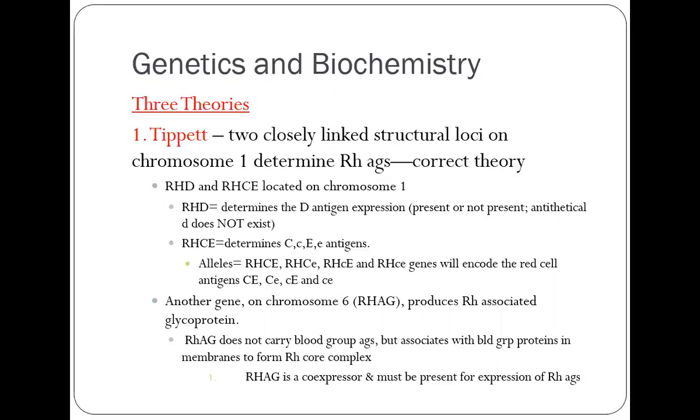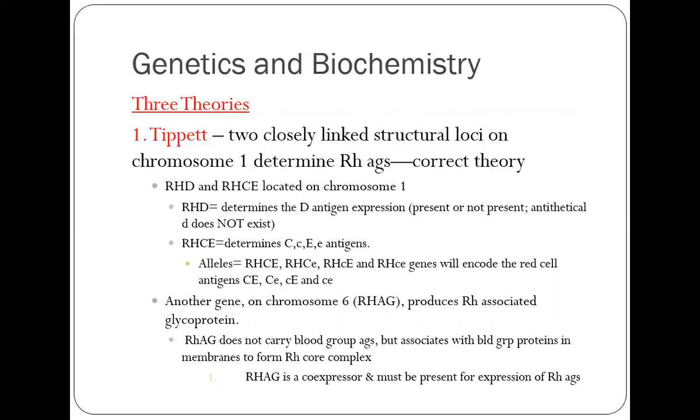There are two closely linked genes on the same loci on chromosome 1. RhD determines the D antigen expression, so whether it's present or not present. And there is no such thing as an antithetical little d. It does not exist.